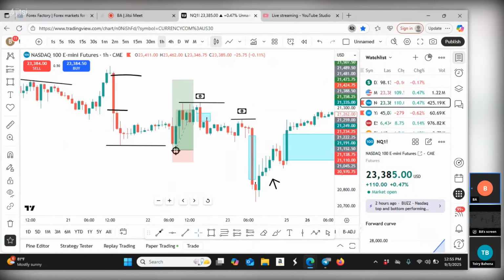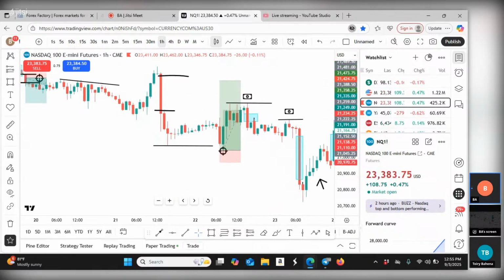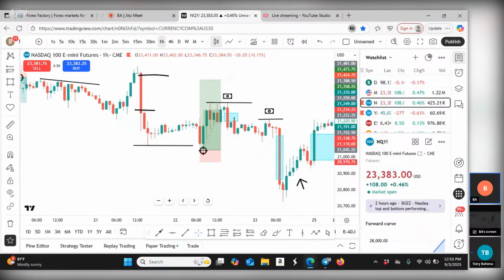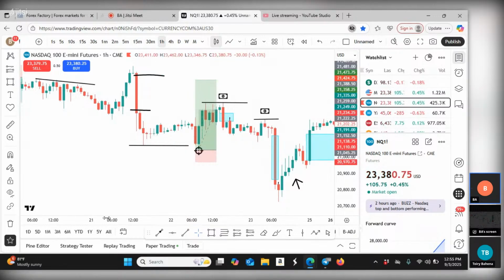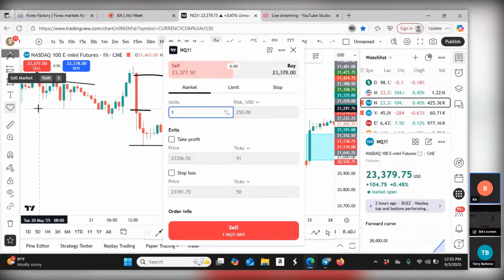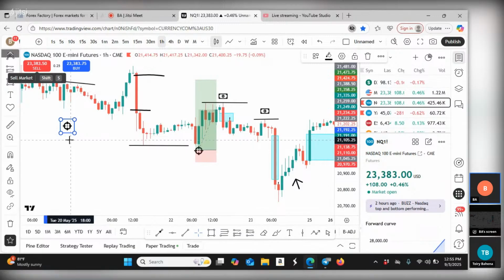So you see how we see the arrow at this discount. We lost this trade right here. Okay, it gave us another opportunity down here. Oh snap! I'm trying to get another trade.